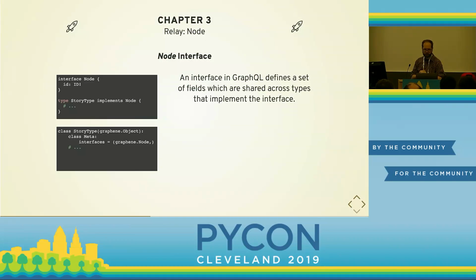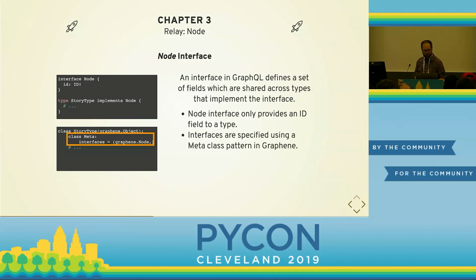So what exactly is a node interface? An interface in GraphQL defines a set of fields that is shared across types implementing that interface. In this case, the node interface just provides a single field to the type that implements it, an ID.